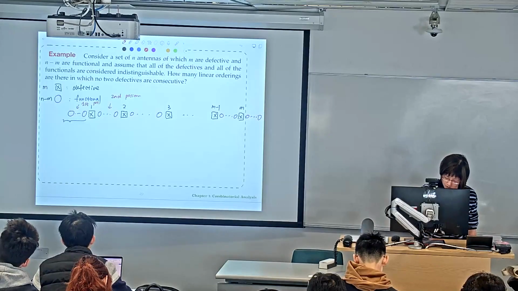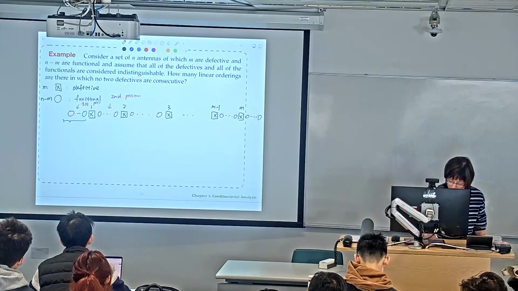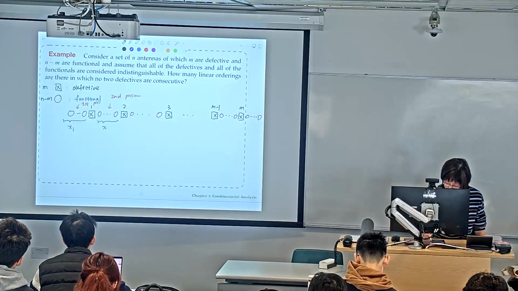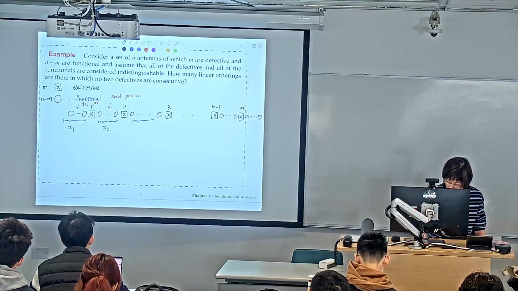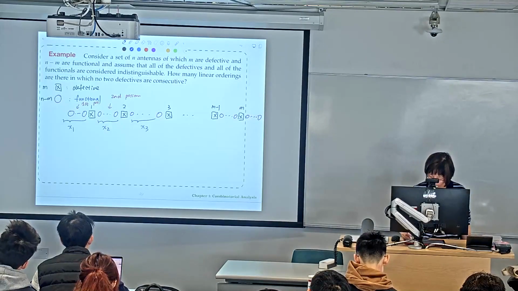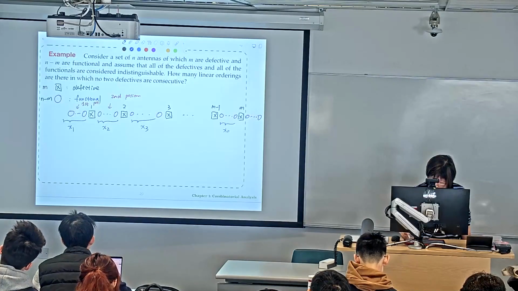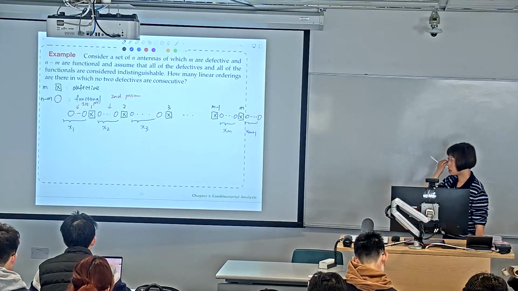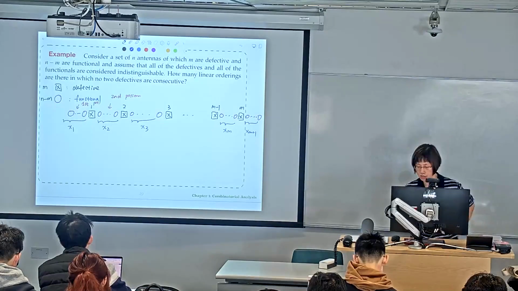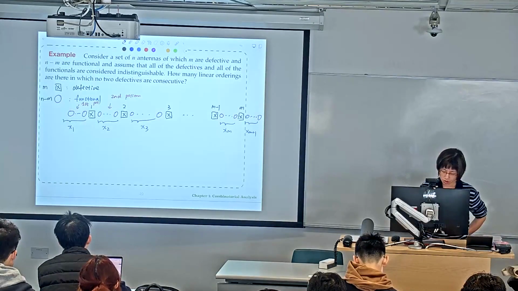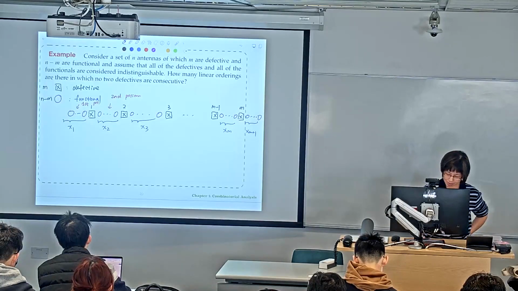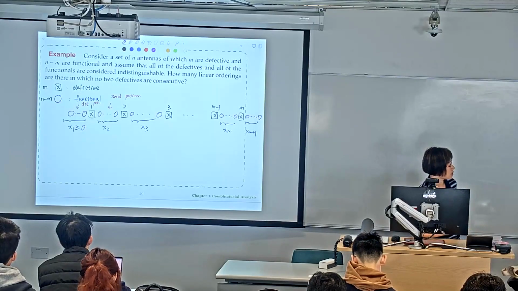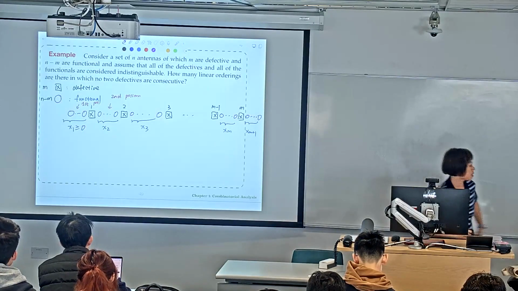And denote the number of functional ones in the first position as x1, and the number of functional antennas in the second position as x2, then x3, and so on up to xm, then xm plus 1. So in order to make this configuration work, you need to assume something about the xi's. The x1 can be 0, it's bigger or equal to 0 because it doesn't matter.